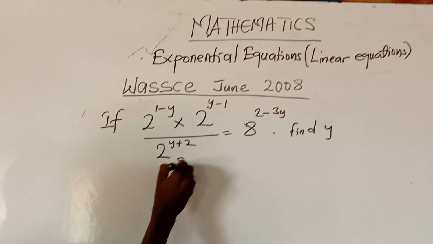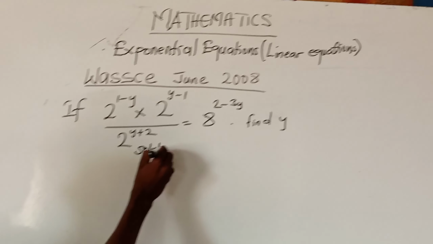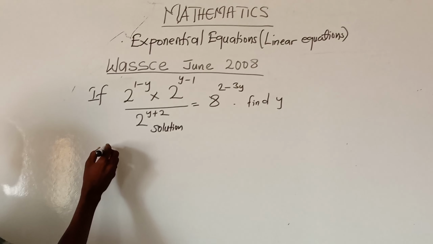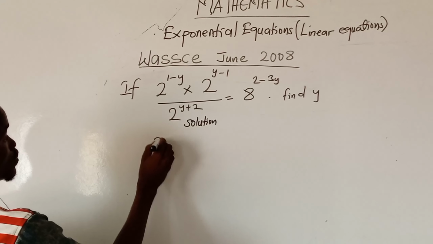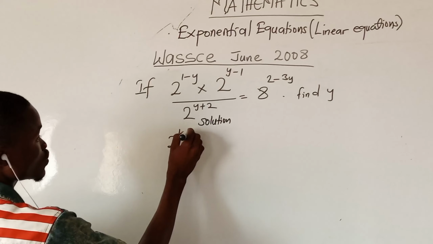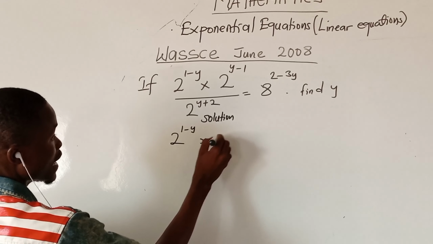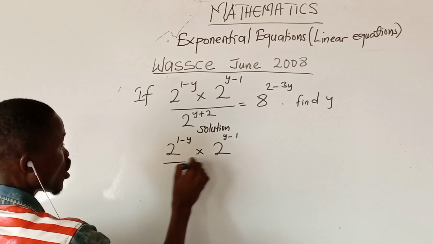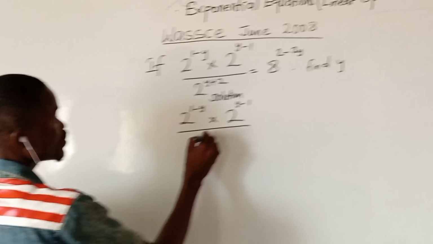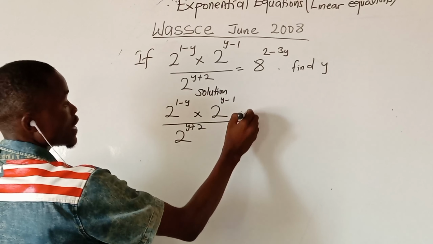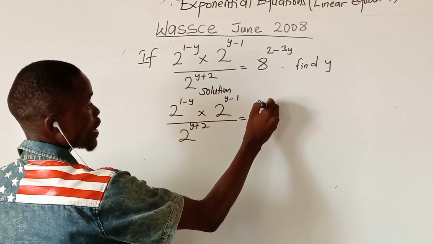It is very simple and straightforward. So we say solution. 2 raised to the power 1 minus y times 2 raised to the power y minus 1, all divided by 2 raised to the power y plus 2, equals 8 raised to the power 2 minus 3y.